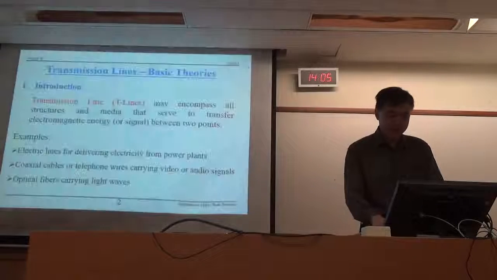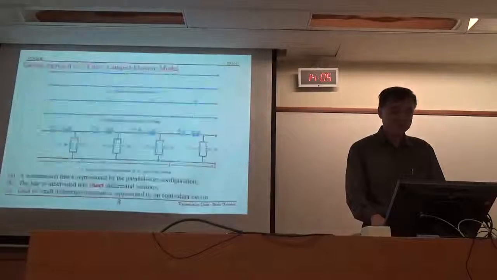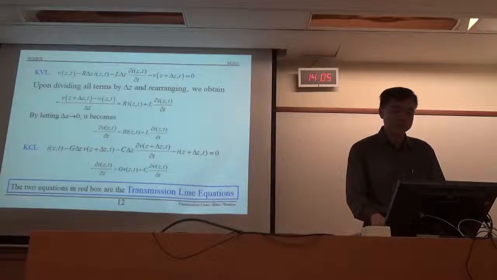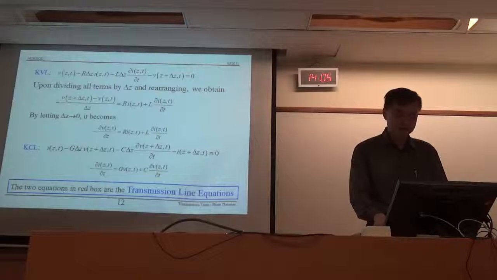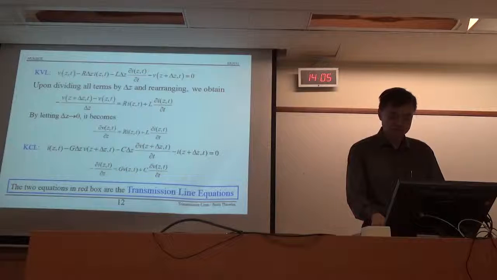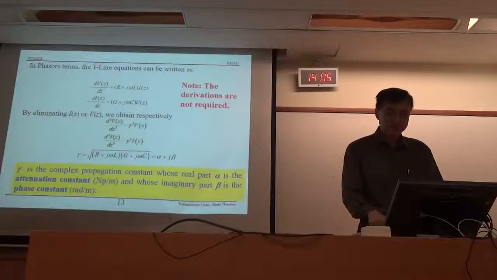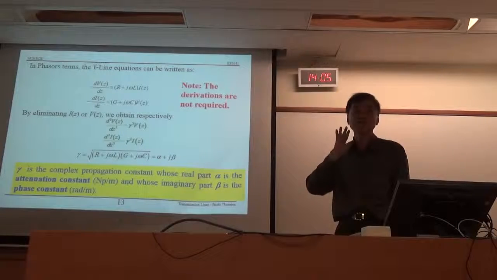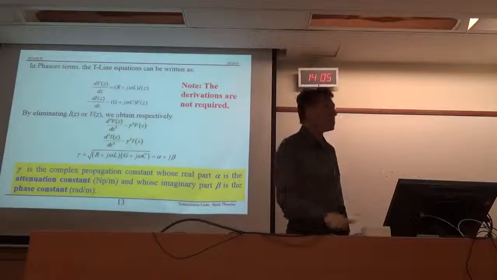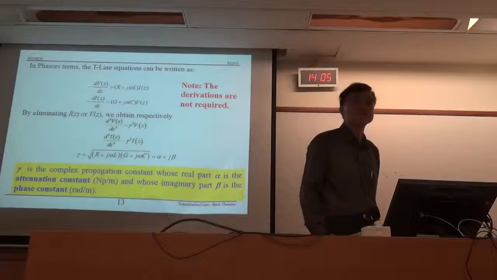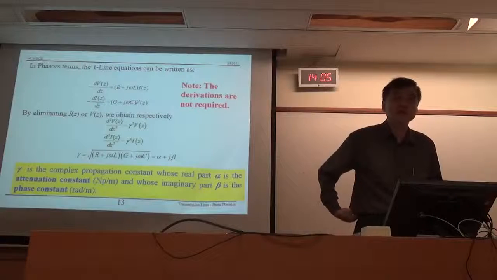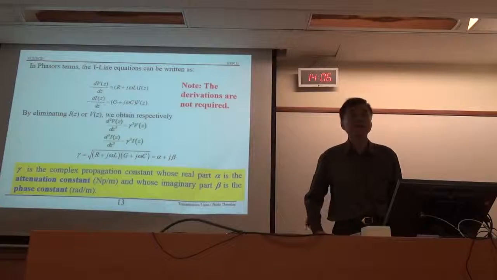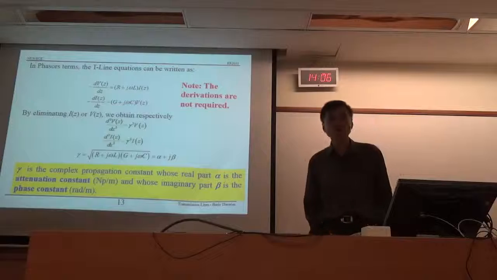Alright, transmission line. We have said that transmission line equations are basically the same as the propagation in free space. We have del squared E plus k squared E equal to 0, and the same thing here, we have del squared V minus gamma squared V equal to 0.